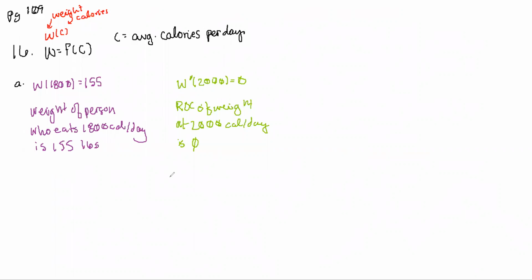So what are the units of F prime of C, which I'm going to call W prime of C, which is dW dC. So this is the rate of change of weight with respect to calories. So what are these units going to be? Pounds per calorie?